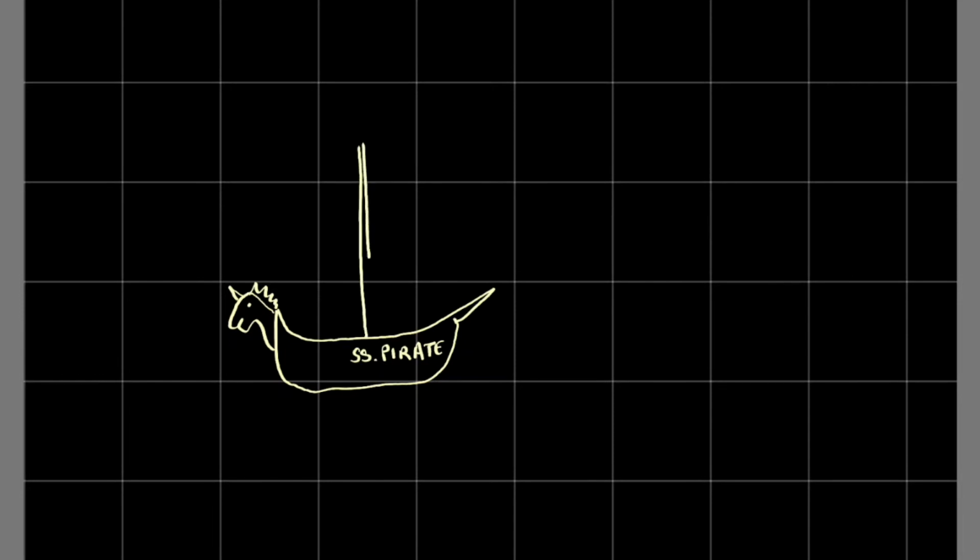It's only got one mast, that's a bit sad. And this is the sail, with both ends connected, and this is you on the deck, and this is the wheel of your ship, which you're not holding right now because you're not steering it.